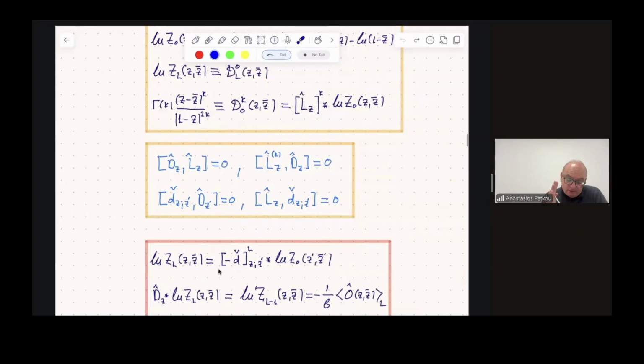So I have defined 3 differential operators, D, L, and this other D small, which is an integral operator. They all commute with each other.